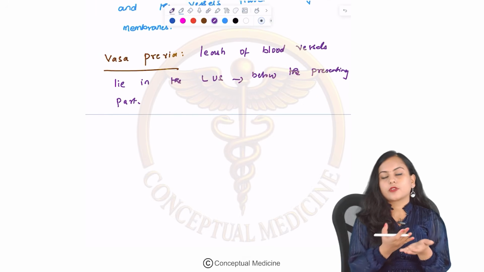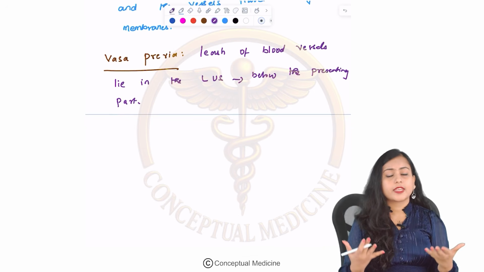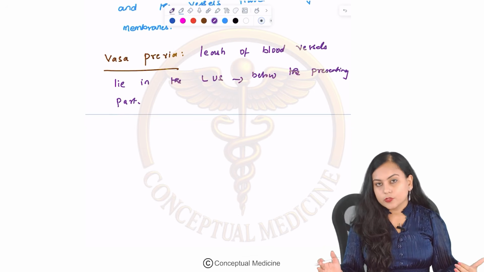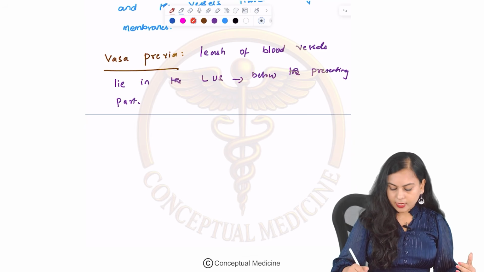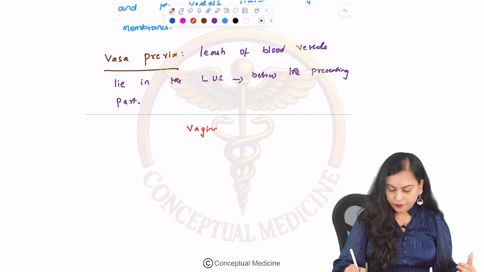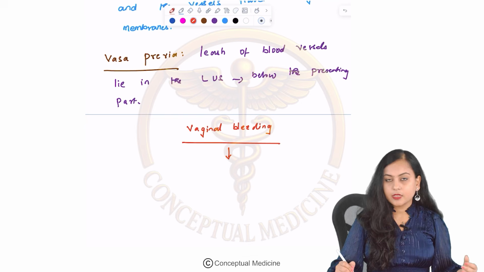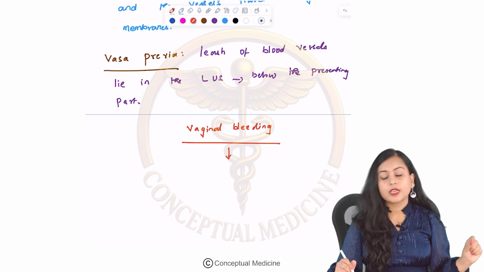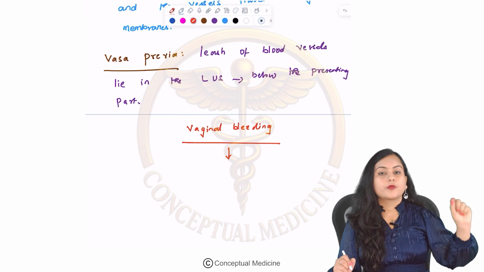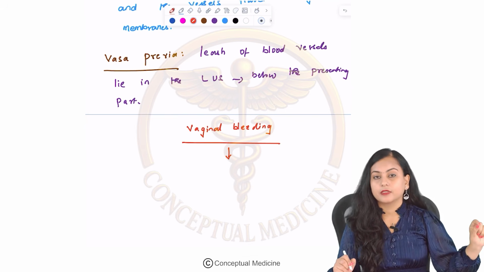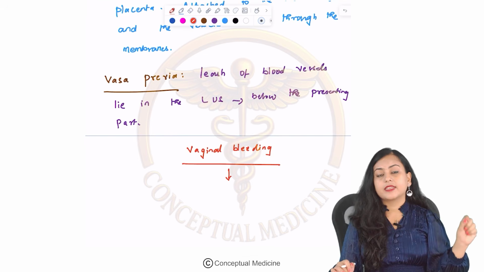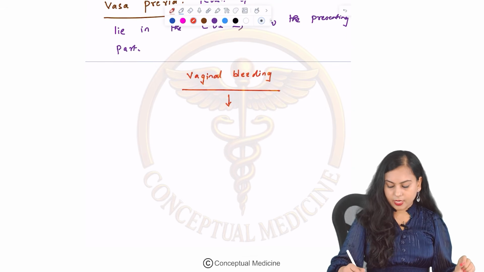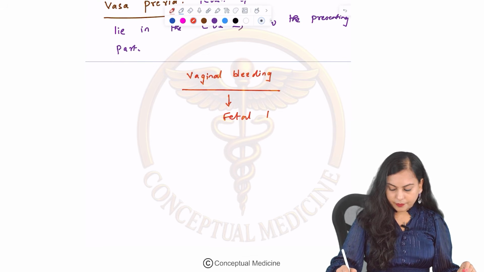Suppose if there is an artificial rupture of membranes or even a spontaneous rupture of the membranes, what is going to happen? You will be presenting as vaginal bleeding, and this bleeding is not from the mother. That is the difference. Placenta previa or abruptio placentae is the bleeding that is coming from the mother. But in case of Vasa Previa, the blood is coming from the fetus. So, this is fetal blood.